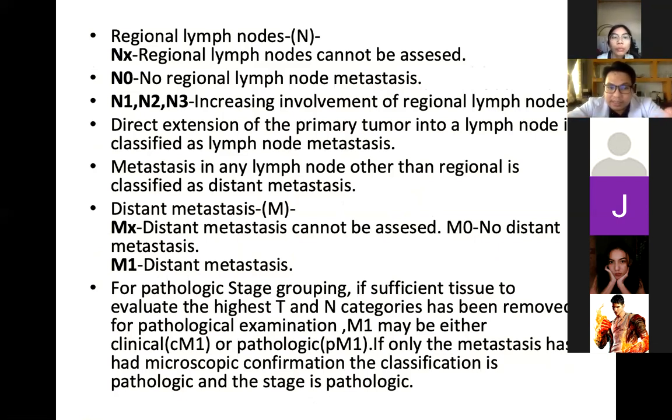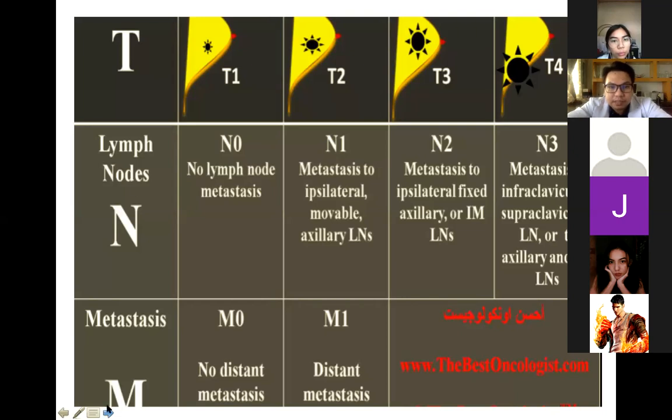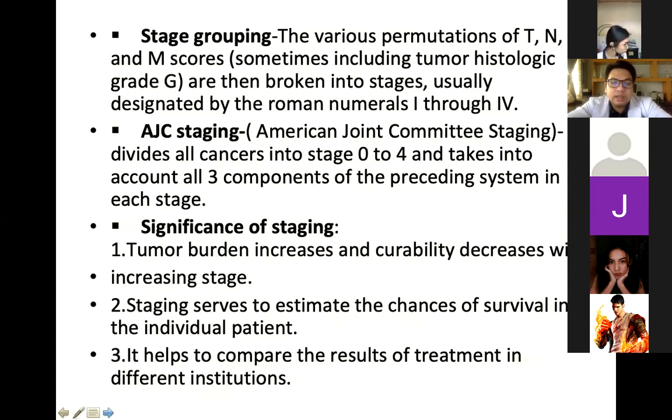No distant metastasis or distant metastasis. Okay? So alongside with TNM class, ito na siya. Okay. For summary. Alongside with TNM class is the AJC, or the American Joint Committee staging. Divides all cancer from 0 to 4. Okay.